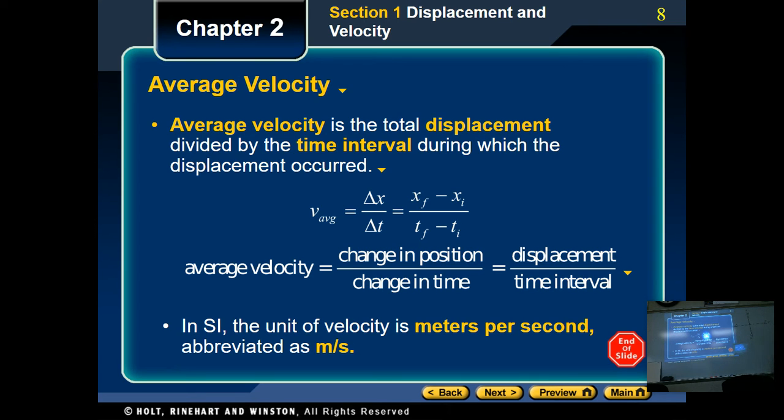When you're talking about velocity, or really anything vector related, which velocity is a vector property, you must, when possible, include the direction in your answer. Velocity, as we'll see a little bit later, is more specific than speed.